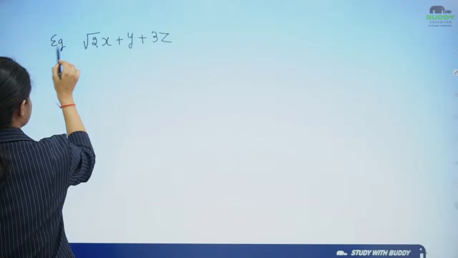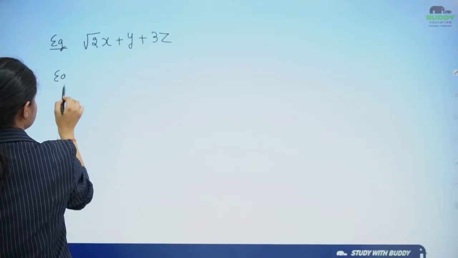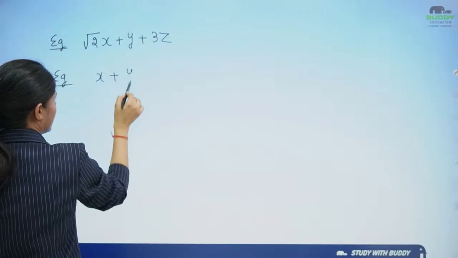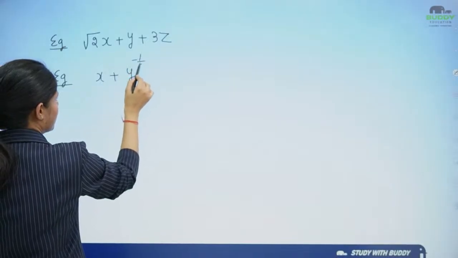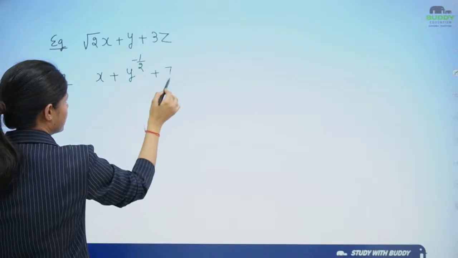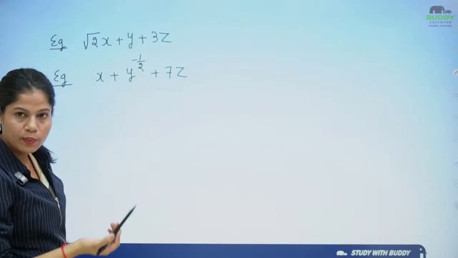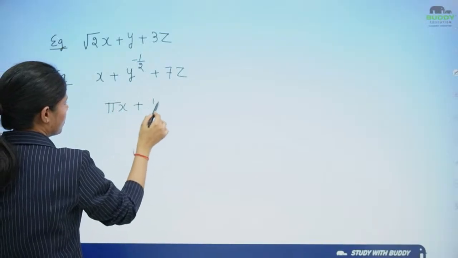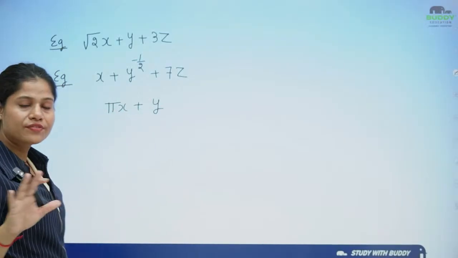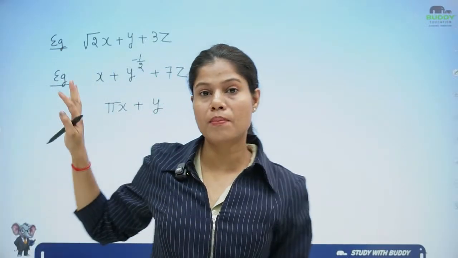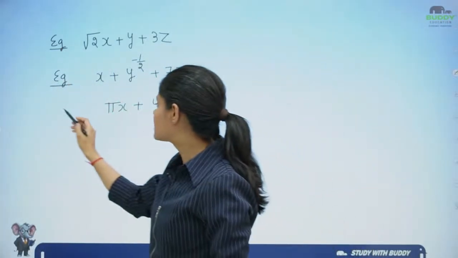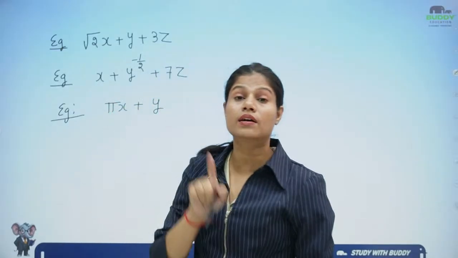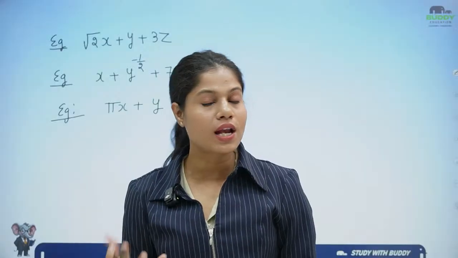All right, now let's take another example too: x plus y raised to the power minus 1 by 2 plus 7z. All right, let's take one more example: pi x plus y. Now we have to identify whether among these three examples, the expression will be known as a polynomial or not.